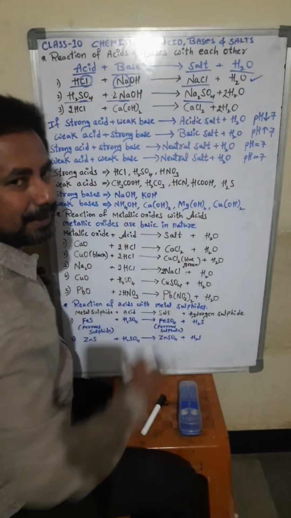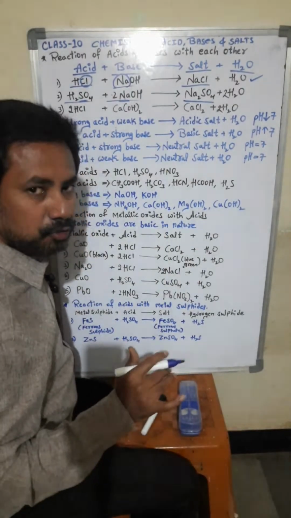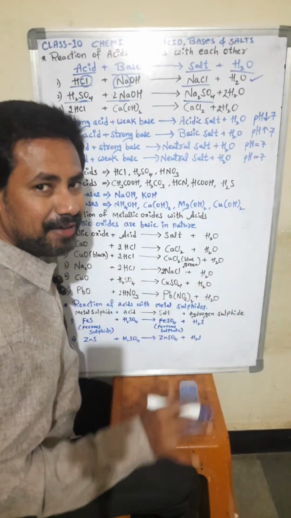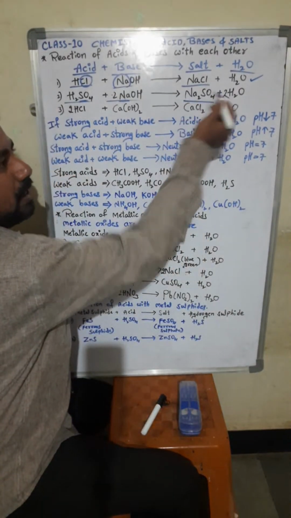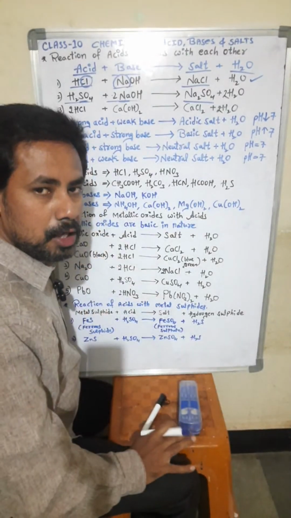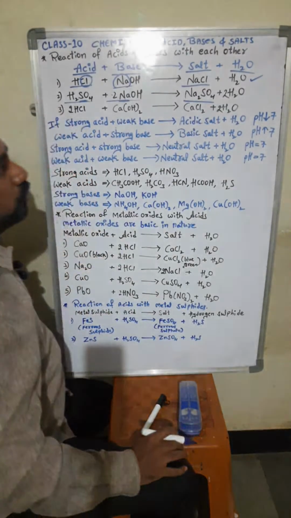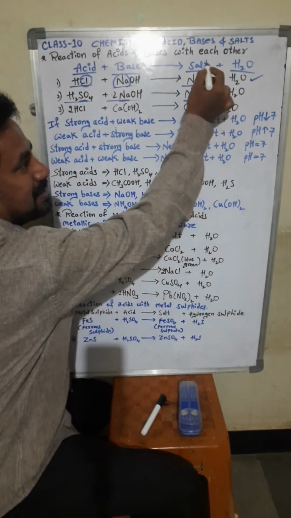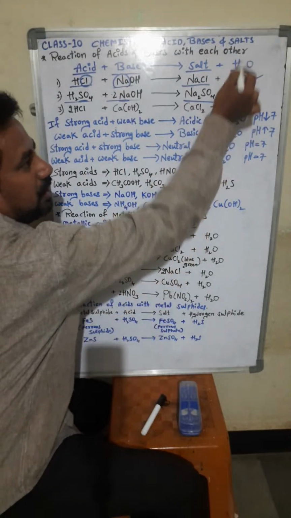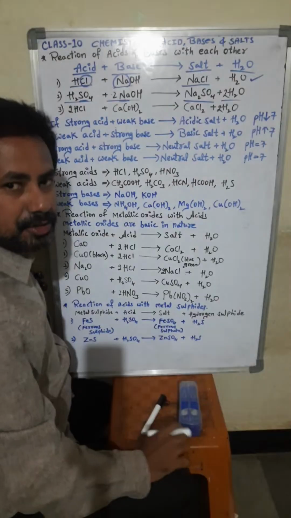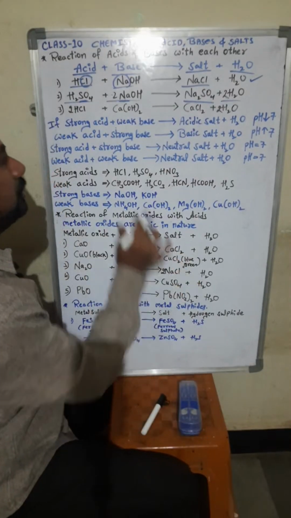Sodium sulfate. Yesterday in the last class I told you, SO4 when it combines with any other, it will become sulfate. Sodium sulfate, Na2SO4. Fix in your mind the formula, sodium sulfate, Na2SO4. What is sodium sulfate? It is a salt, and water will form. So you have to write the balanced equation. Okay, then it is correct.